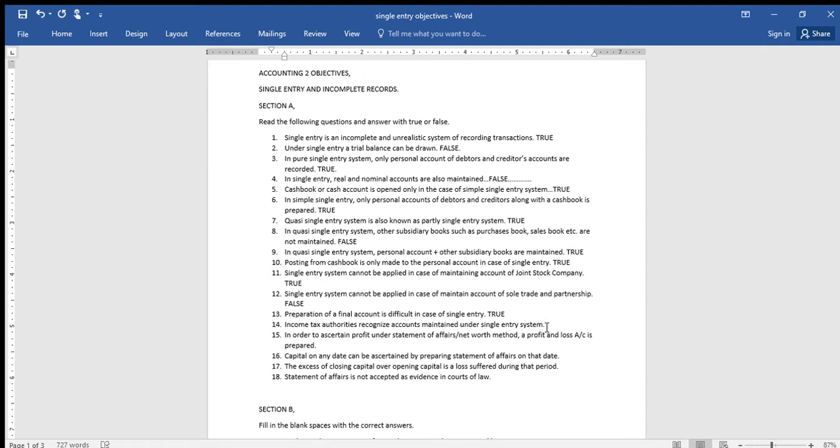That is false because we said single entry is only applied to sole traders and then partnerships, and they are not required by law to prepare financial statements. So they can only do it when they wish. Yes, so accounts maintained under single entry system are not recognized by the income tax authorities.